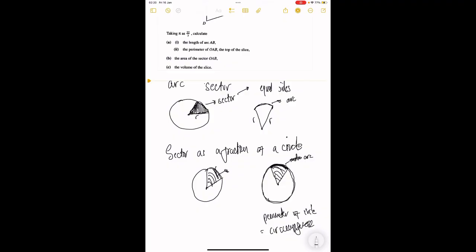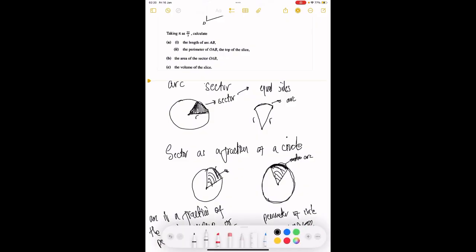As you can see, an arc is also a fraction of the circumference or perimeter of the circle. So an arc is just a fraction of the whole perimeter of the circle. This is going to be easier when you're remembering the formulas when finding solutions.